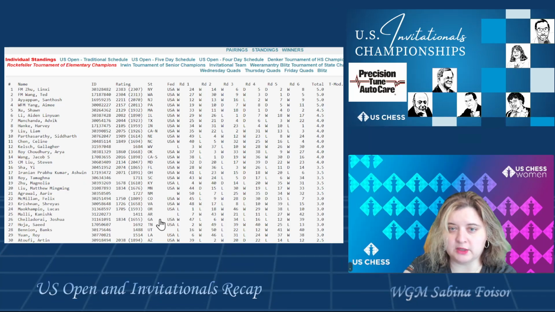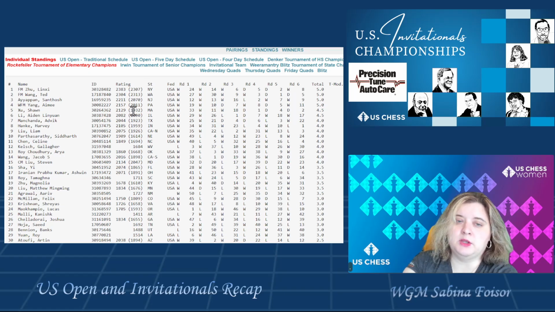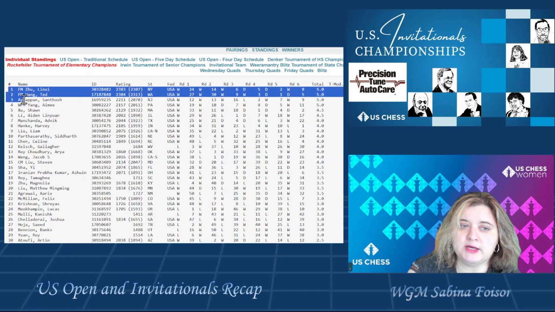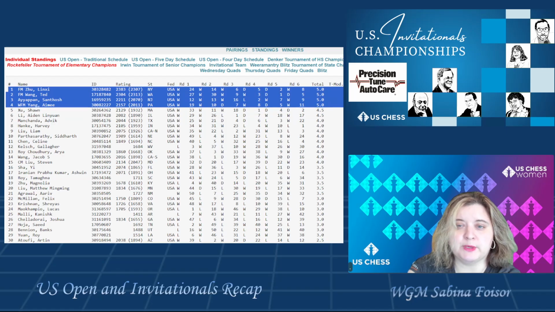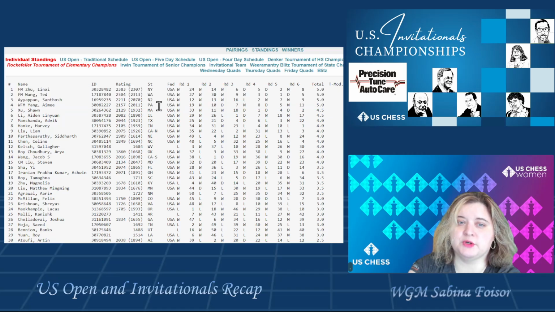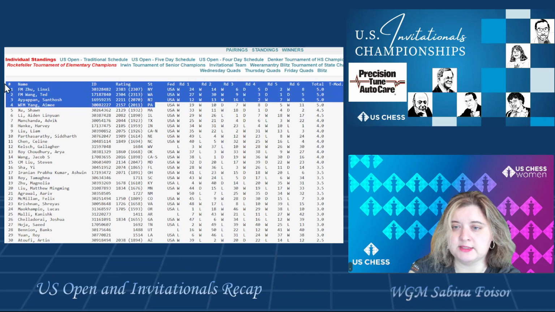Just reviewing the standings now. So we had 4 players, as I mentioned, who shared first place with 5 points. Those were FIDE Masters Lingxi Zhu and Ted Wang, Ayapan Santosh, and Women's FIDE Master Amy Yang. All of these players win a prize, as well as a scholarship to the college of their choice.